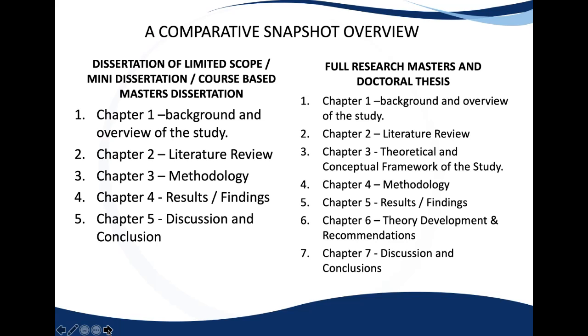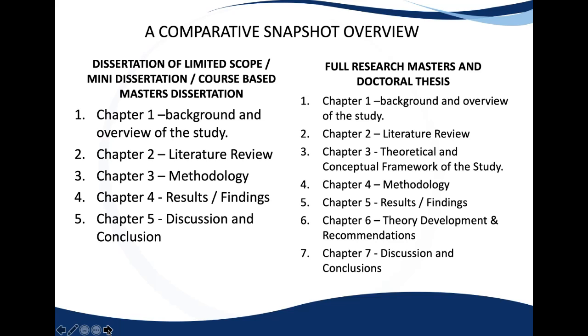Basically, any dissertation that has come from a course where the people had to attend other courses, other modules, and this is a small module that just tops up the other modules. Then they would have a mini dissertation, stroke limited scope, or course-based master's dissertation.